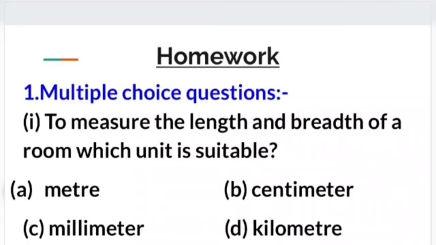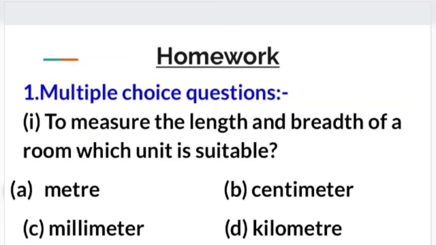So this is your homework. Question number 1 is multiple choice question. First part is to measure the length and breadth of a room, which unit is suitable? Options are meter, centimeter, millimeter and kilometer.